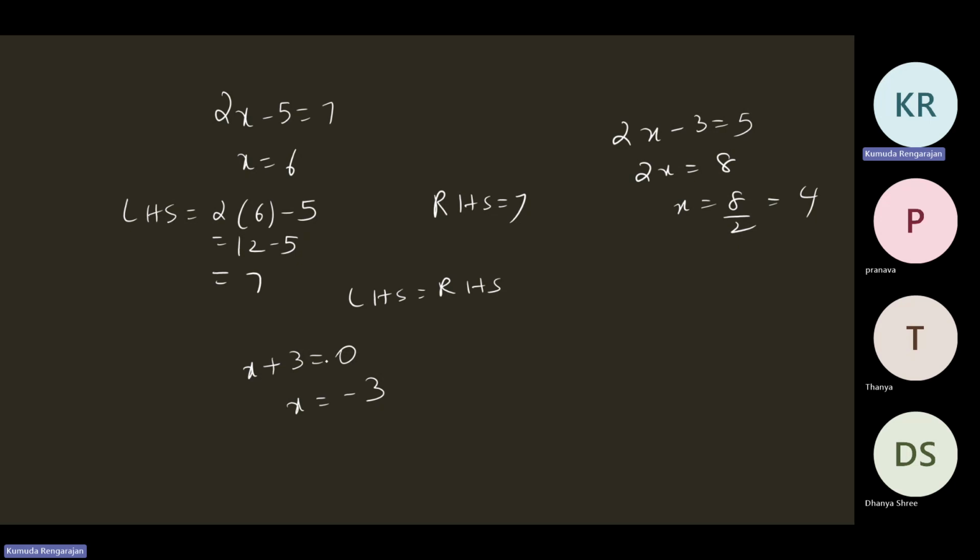When you solve this, you get x is equal to minus 3, not 3. So in the fourth one, the reason is false. The solution of the equation x plus 3 is equal to 0 is 3, is false.